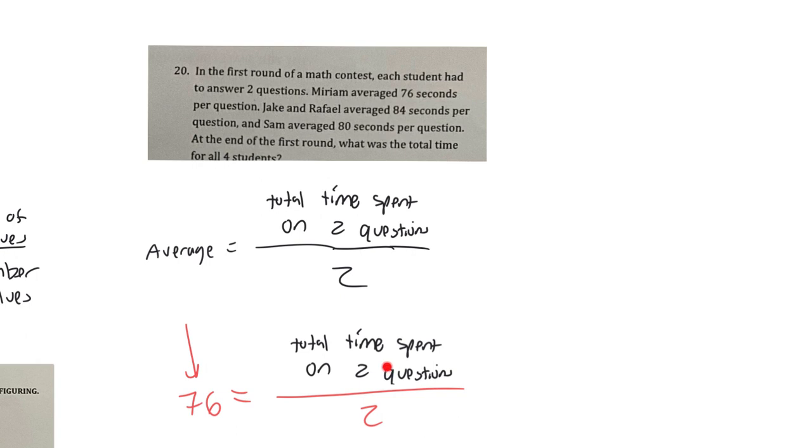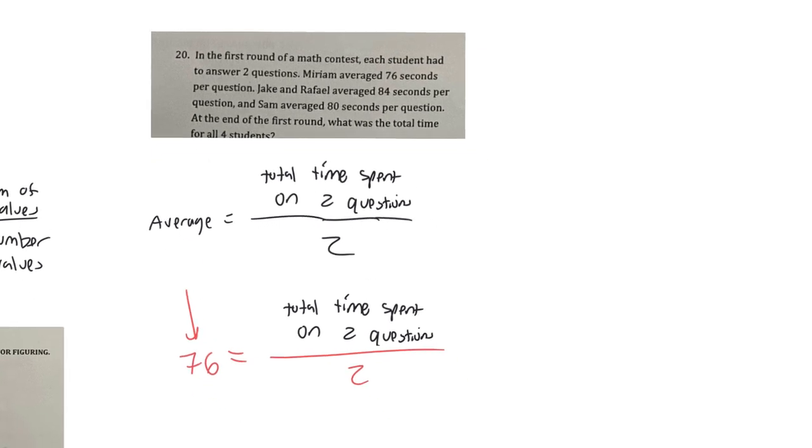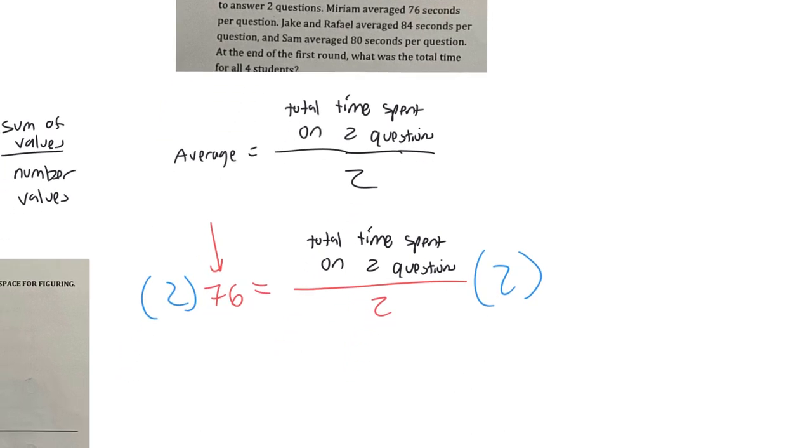So the thing we could do from there is figure out the total time spent on the two questions by multiplying everything by 2. That's going to cancel these. Next thing you know, you have 152 here, and that equals literally the total time spent on the two questions, okay?